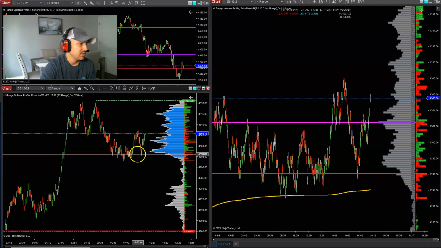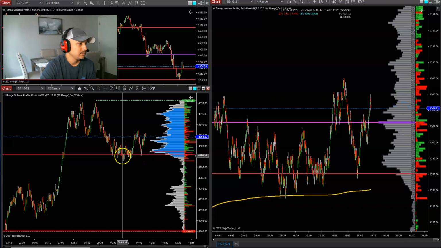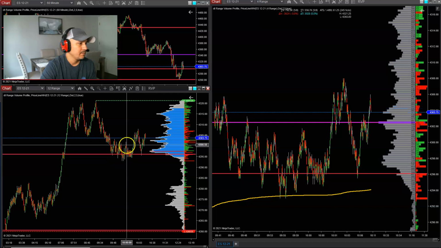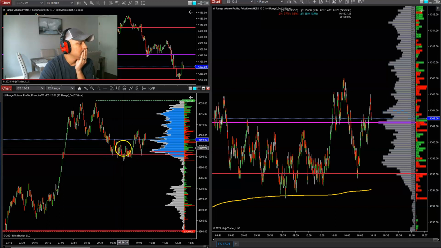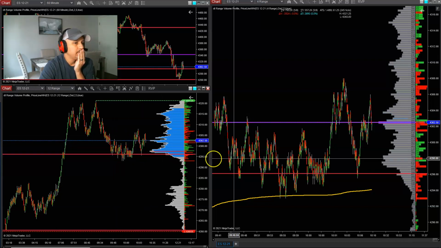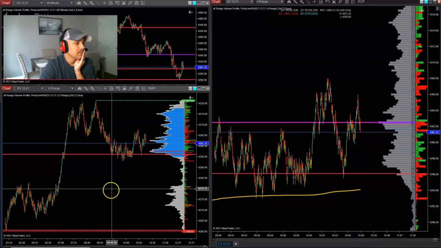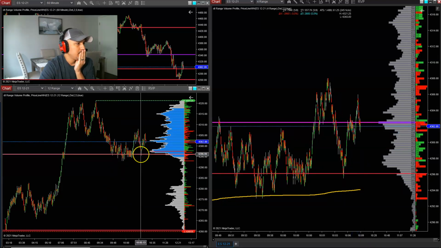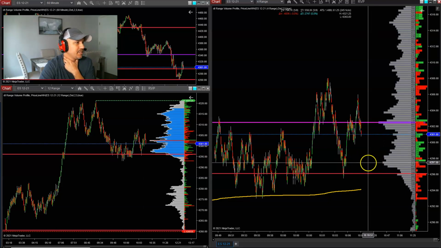Yeah, see, this was rejection again. Maybe price will come back down. Not sure. I'm looking around this area here, but I have to pay attention to the actual price action.